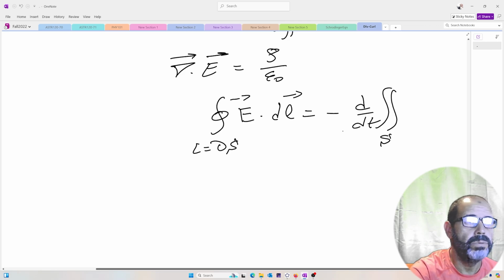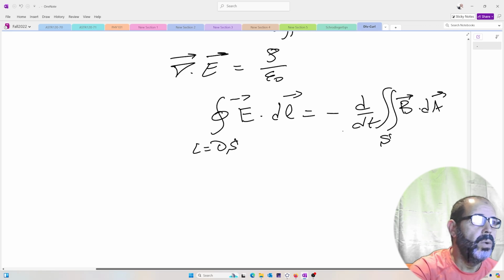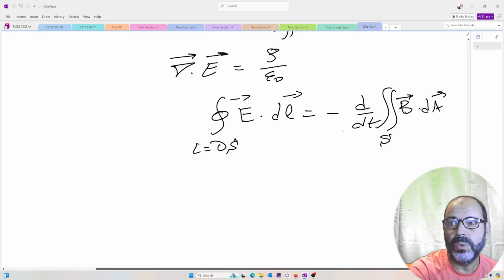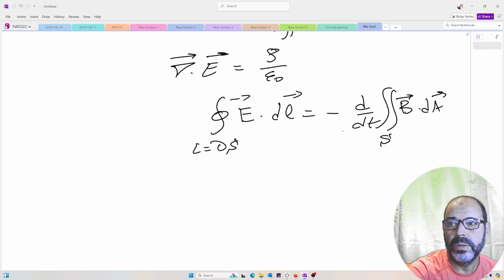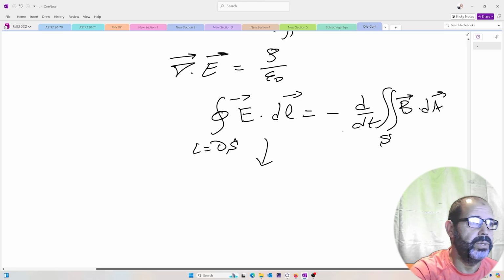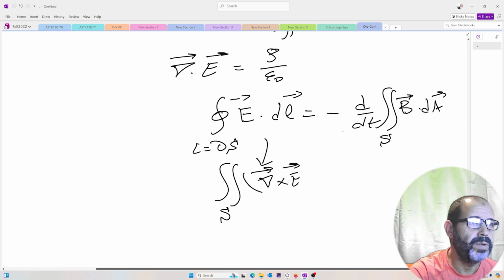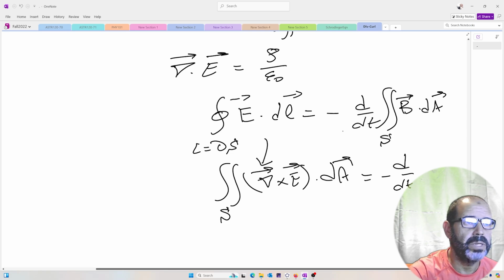Okay, so integral of B dA. Well, we know how to work with the curl theorem. So basically what we can do in here, we can convert this one to the integral over the same surface of the curl of E over that same surface A, dA, okay? And this must be equal to minus the derivative with respect to time of this integral again of B dA.